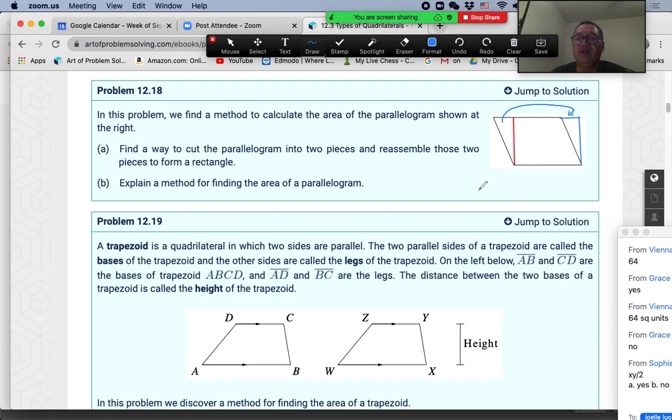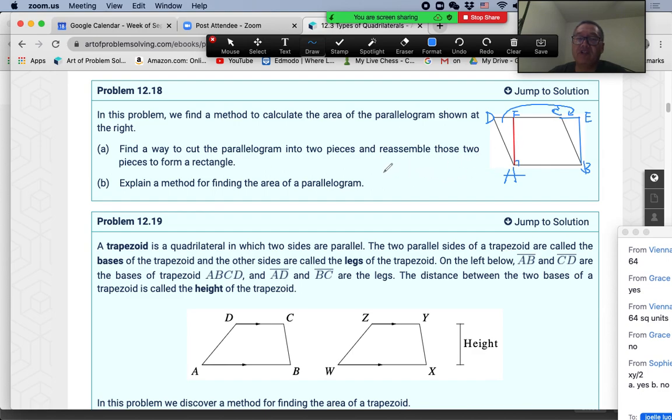Now B, they ask you to explain a method to find the area of a parallelogram. After you do this, suppose this is ABCD. If you move this right triangle to here, then you get this rectangle. Suppose this one is E, this one is F. The area of this parallelogram will equal the area of this rectangle.